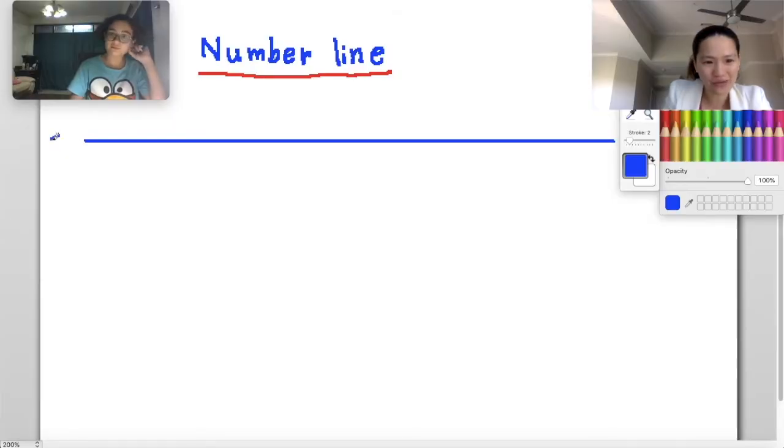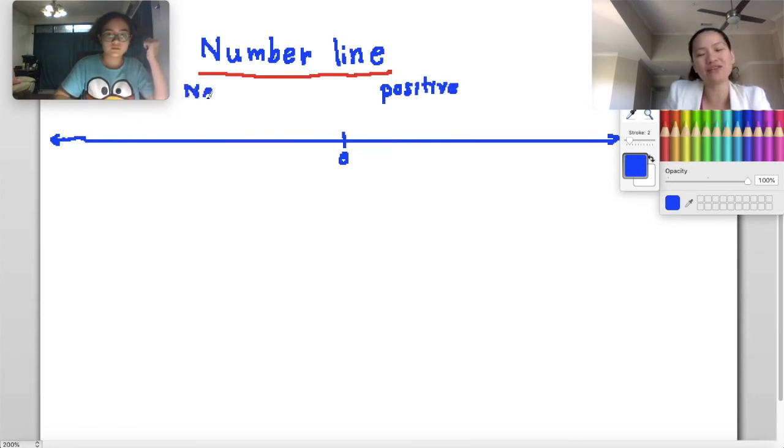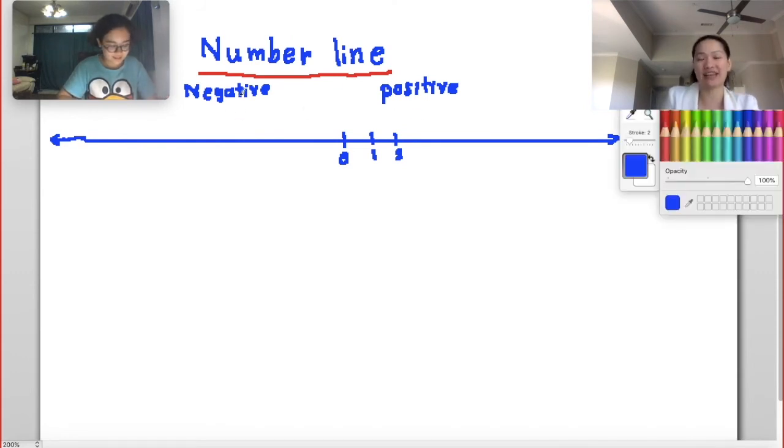Write down very quickly together. Okay. Well, at the start, we could say 0, and on the right side has to be positive numbers. Yeah, is that correct? Positive numbers. And on the left side is going to be negative numbers. Is this good, Leila? Are you good? On the number line, the right is positive and the left is negative.